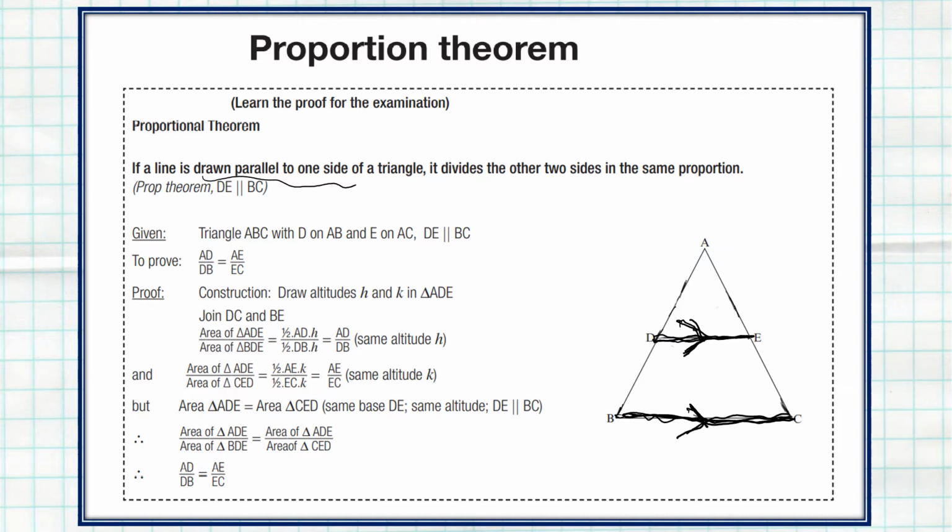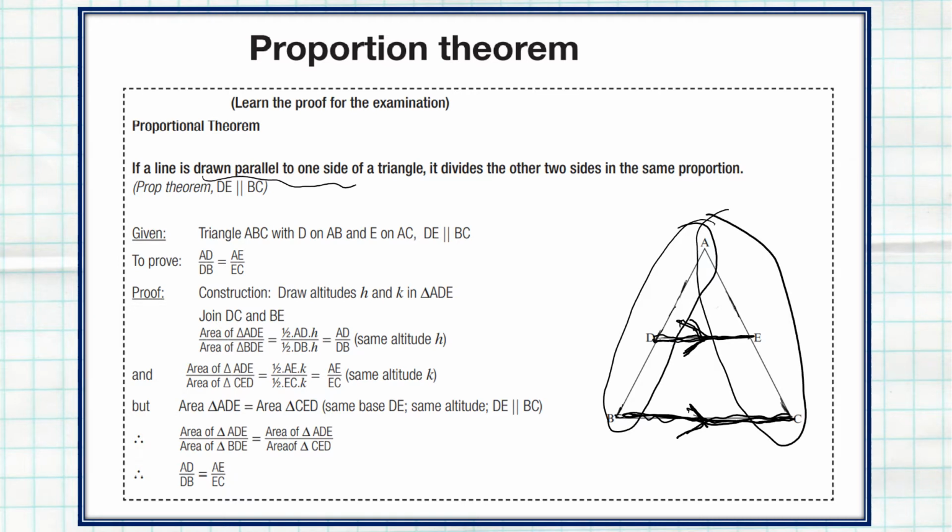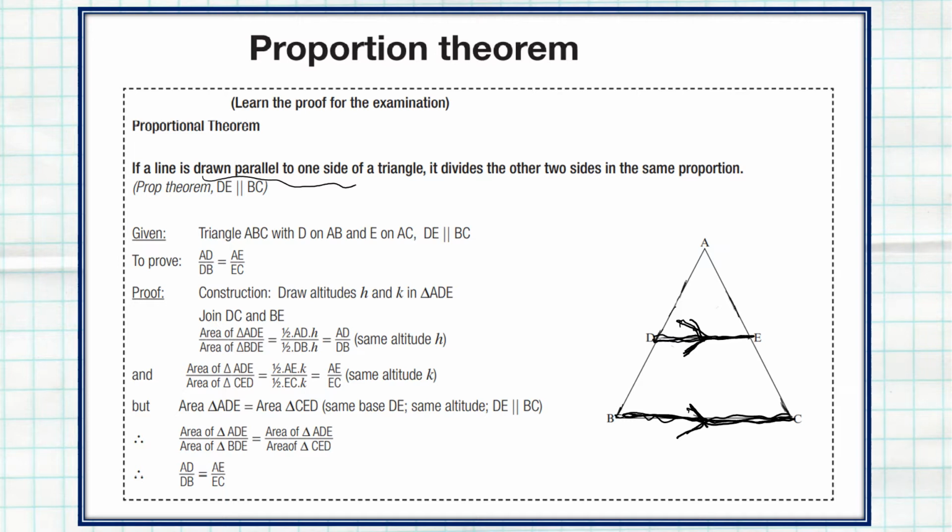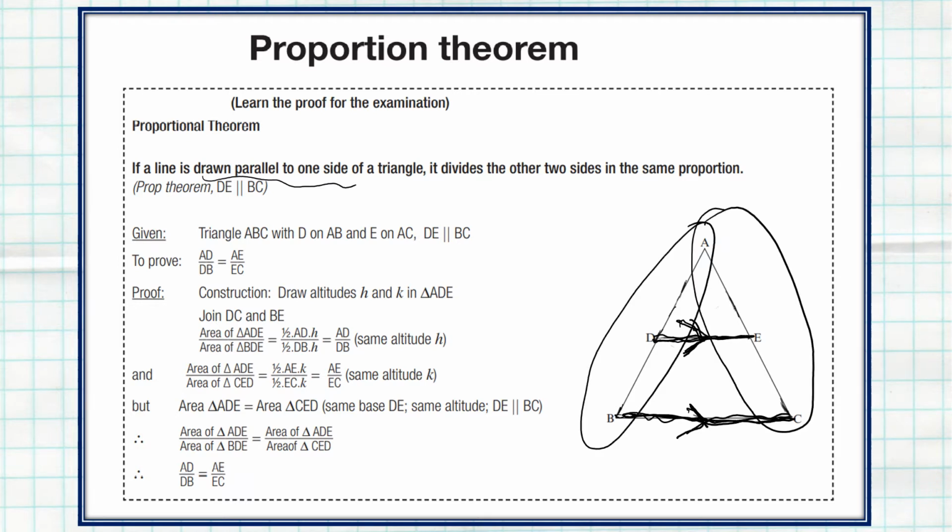There's a line in between, that is DE, drawn parallel to one side of that triangle. So that line will divide the other two sides in the same proportion. What does it mean? We already talked about proportion. When we say that line divides the other two sides in the same proportion, it means that the ratios of these two sides will be the same.